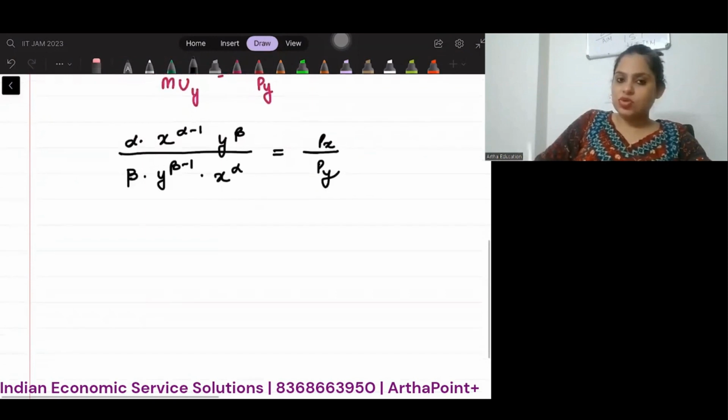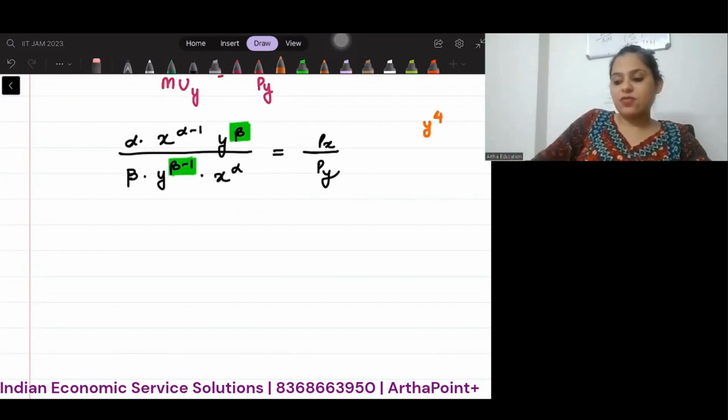So if you go ahead and solve this, have a look here. Here y has power beta. Here y has one less power. So just think about this. If on top y has power 4 and here y has power 3, then y to the power 4 divided by y to the power 3 will simply be y, isn't it? So here you can say that this will be y by x, alpha by beta, is equal to px by py.